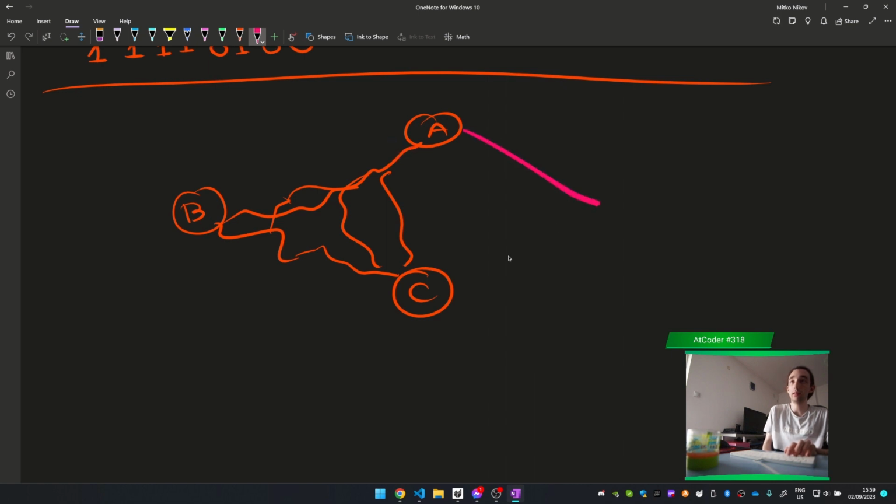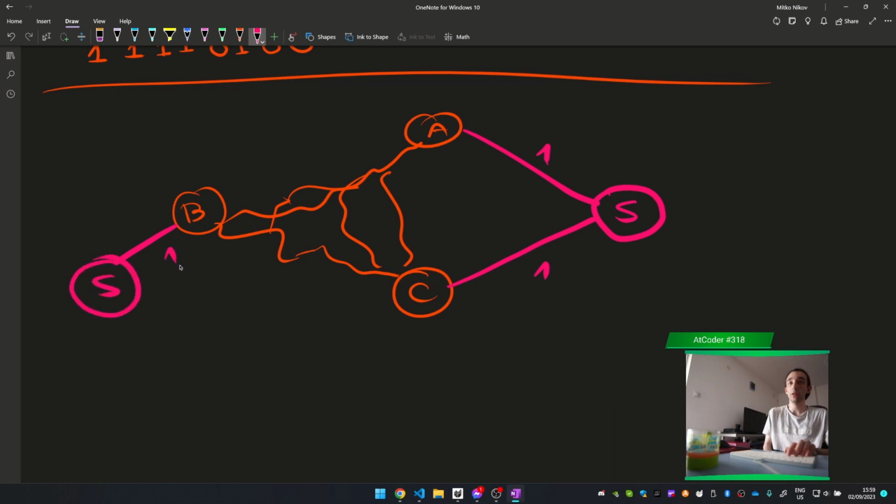And there is a node, let's say the sink here, which has 1, 1. And then here there's a node, the source, which has 1. So this is T.